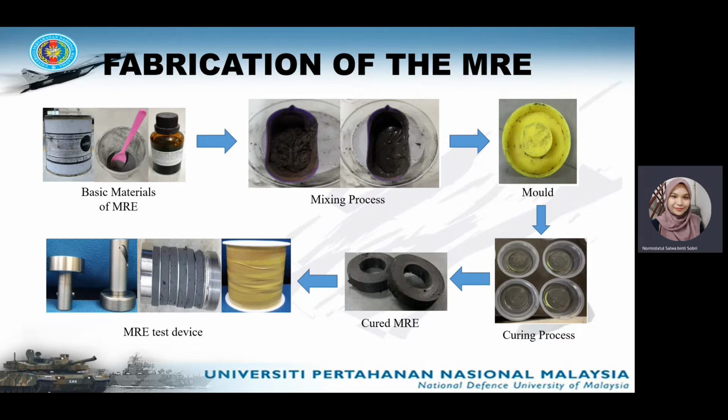The fabrication starts with manually mixing all the components in a container, and then the mixture will be poured into a mold and cured for about 24 hours. The cured MRE will be put into the MRE test device for impact testing.